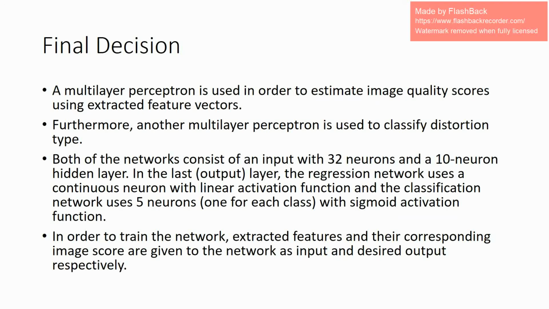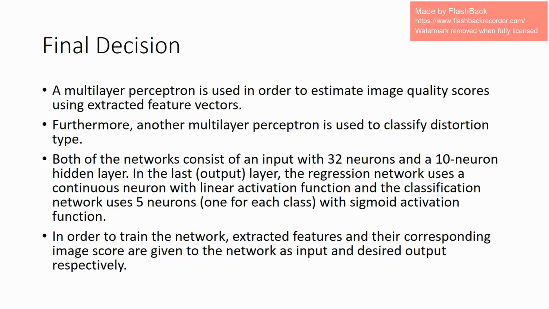In the final stage, a multi-layer perceptron is used in order to estimate image quality scores using the extracted feature vectors. Furthermore, another multi-layer perceptron is used to classify distortion type. Both of the networks consist of an input with 32 neurons and a 10 neuron hidden layer.